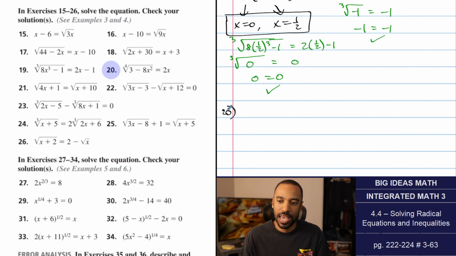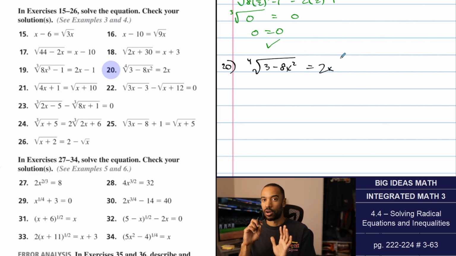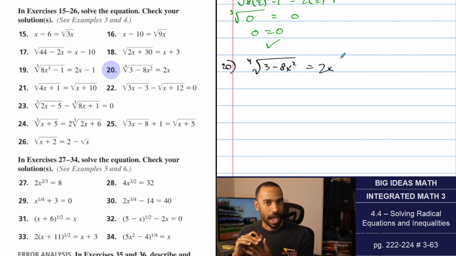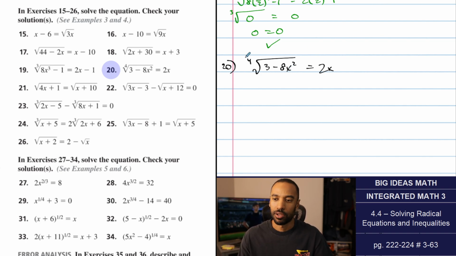Maybe if we don't run into any, then we start to make conjectures, but it's the even roots that we know that things are probably going to. And not always. I can absolutely create an equation of my own with a square root, fourth root, whatever, that can have two solutions and both work, or two solutions and neither work. Things like that.